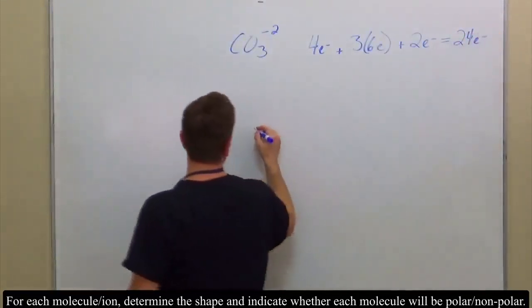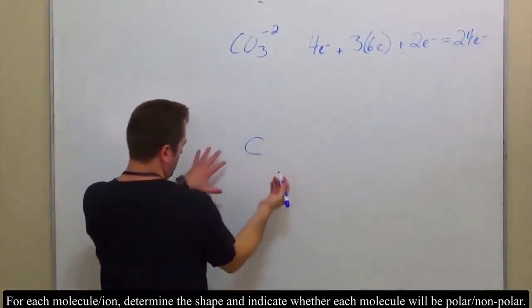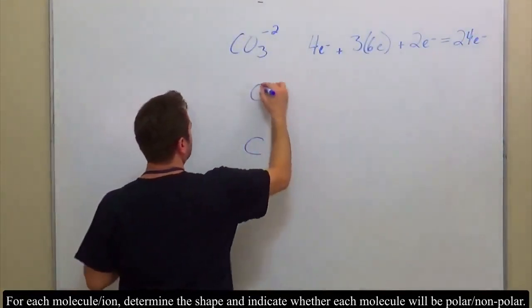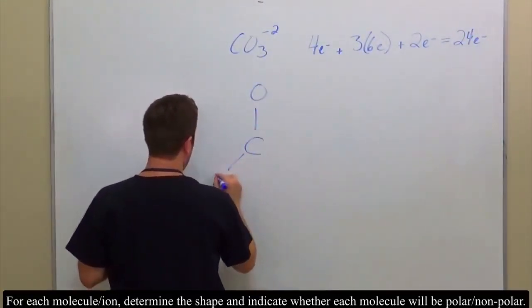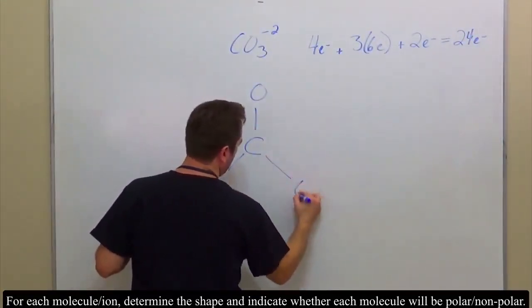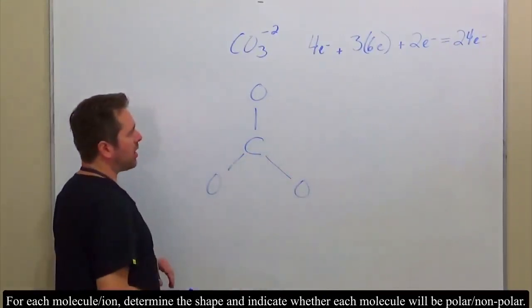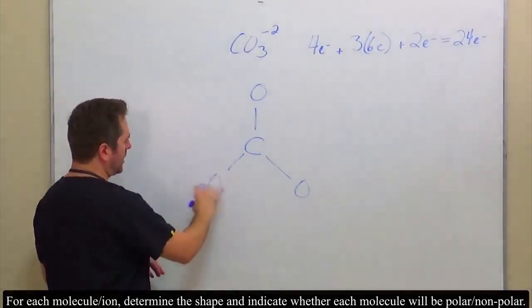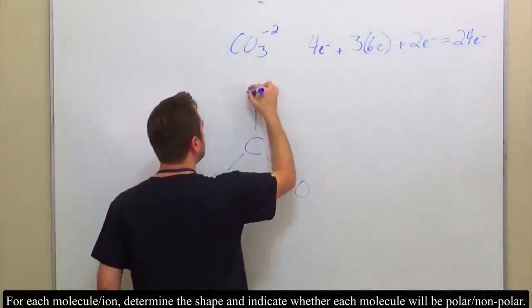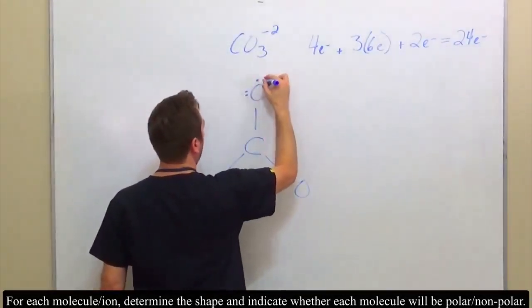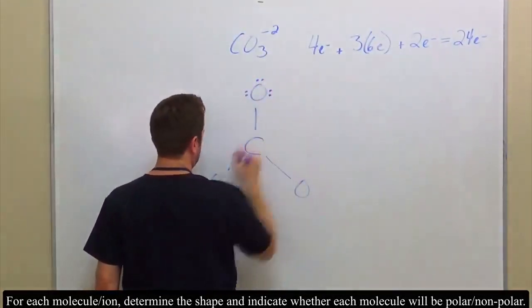All right, now, carbon's in the middle, and we have 3 oxygens to work with. And I'm going to go ahead and bond them to the carbon. All right, let's start filling in the electrons and satisfy the octet. So here we go. I'll do that on all the oxygens.